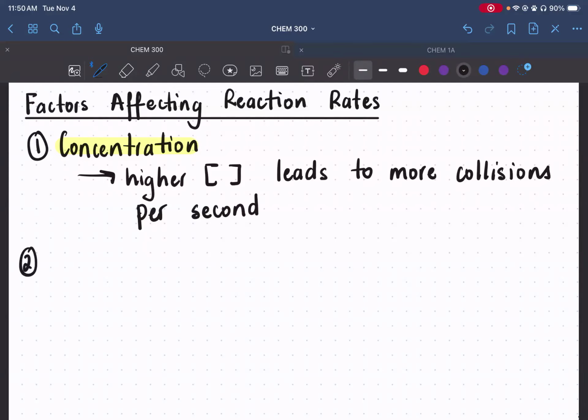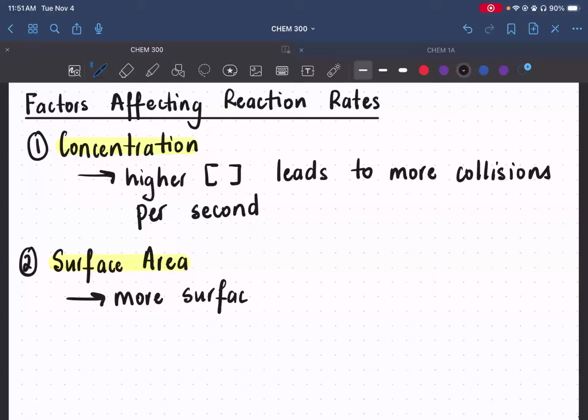Number 2, surface area. The idea behind surface area is that an increased surface area, or more surface area, means more collision sites.